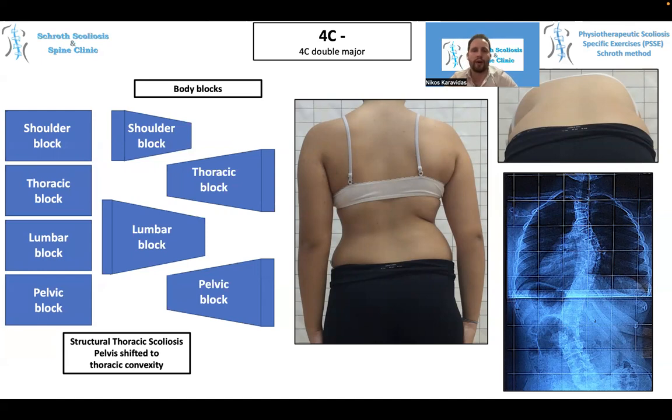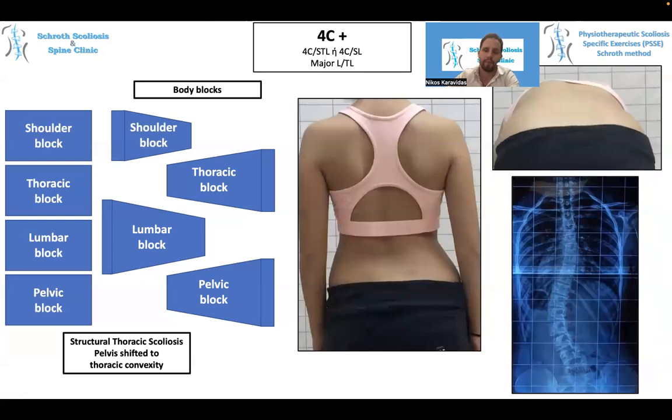For Schroth ISST and Schroth Best Practice, this would be classified as L-type for ISST, 4C for Schroth Best Practice, and they will aim to get the overcorrection of the lumbar curve in any exercise, but this could be risky to create compensation or worsening of the thoracic curve, which is already big. So for us, this curve type will never get into overcorrection for any curve.